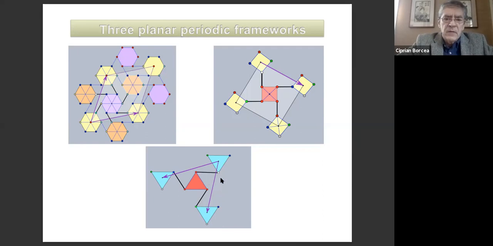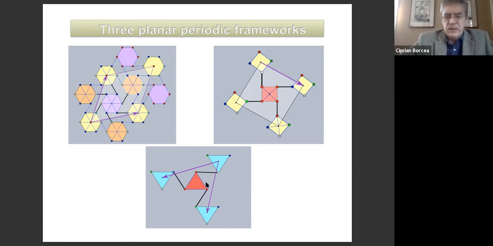And for the framework with equilateral triangles, we see even fewer details in the picture, but they are the essential ones, allowing the spread by periodicity of the shown fragment.